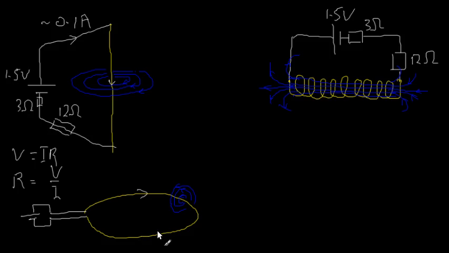So I would expect that close to this part of the wire, I would also get circular loops of magnetic field around it. Okay, and using my right hand thumb rule again, I would find that the magnetic field would point in these directions around here.